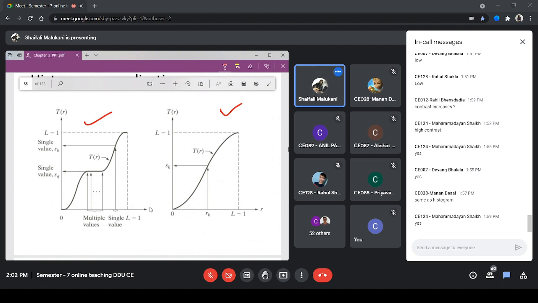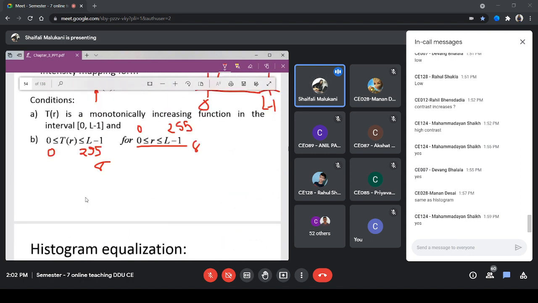Now tell me, suppose I have a low contrast image. I apply histogram equalization and obtain a high contrast image.